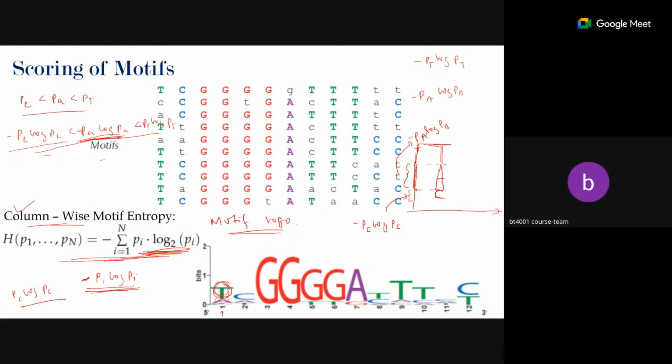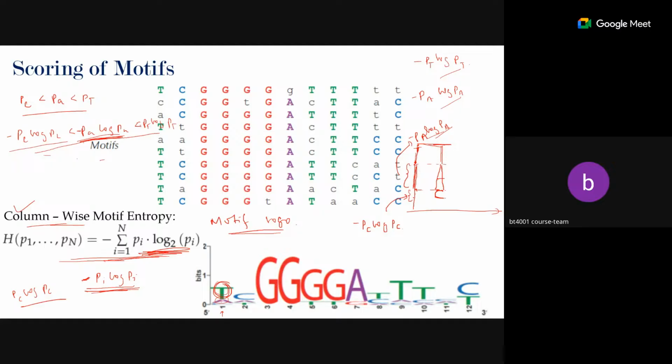As you can see, we are just adding up these values. We have p_C log p_C first, then we add the negative of p_A log p_A, then the negative of p_T log p_T. We keep adding up these values.